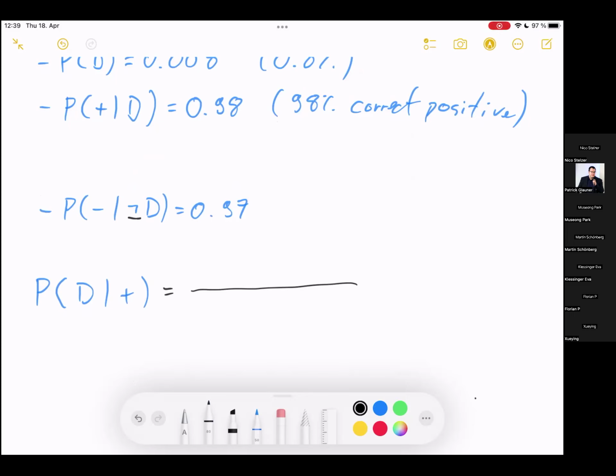Given Bayes' rule, P of positive given the disease times P of D divided by the probability of a positive test.